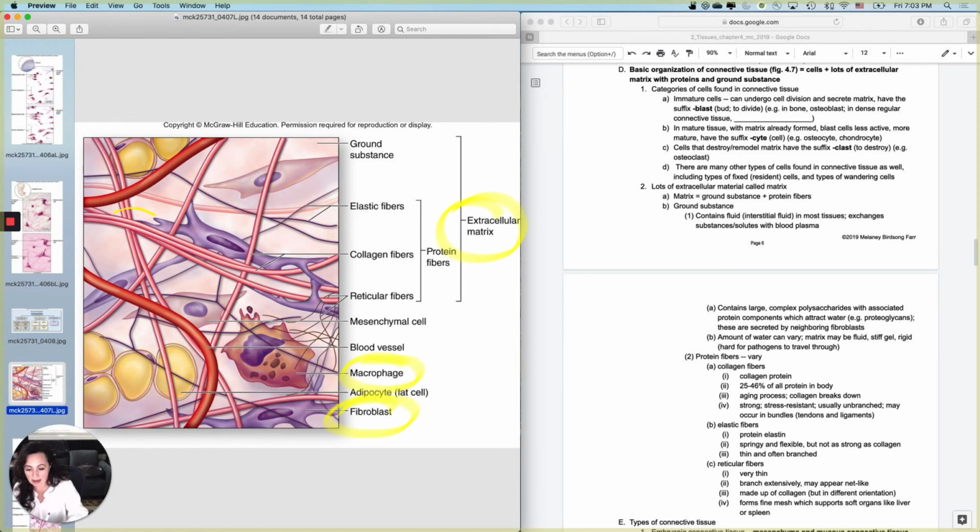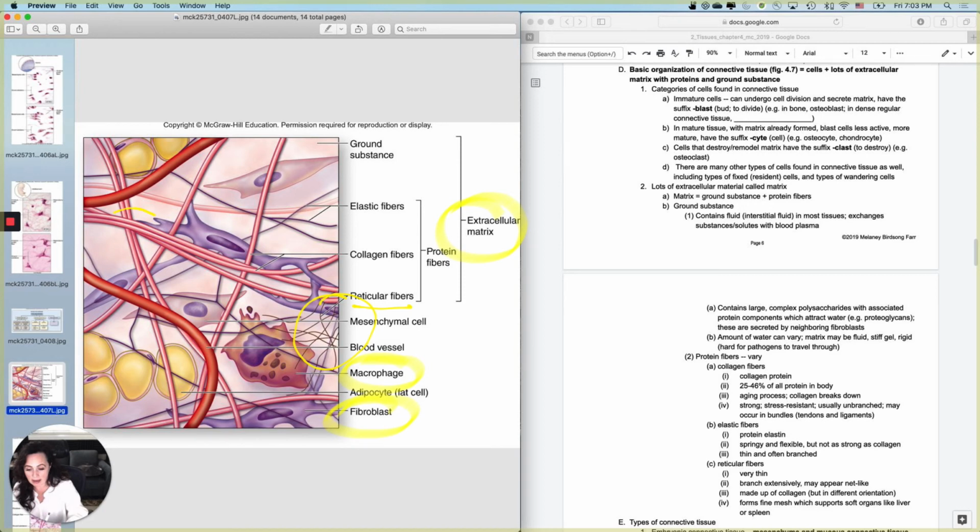And then last but not least, usually really difficult to see, are these little fibers right here that are called reticular fibers. The metaphor I like to use for those is really like the fibers that you would use to make a hairnet. Reticular fibers are really thin, they are super branched, and they may appear net-like.